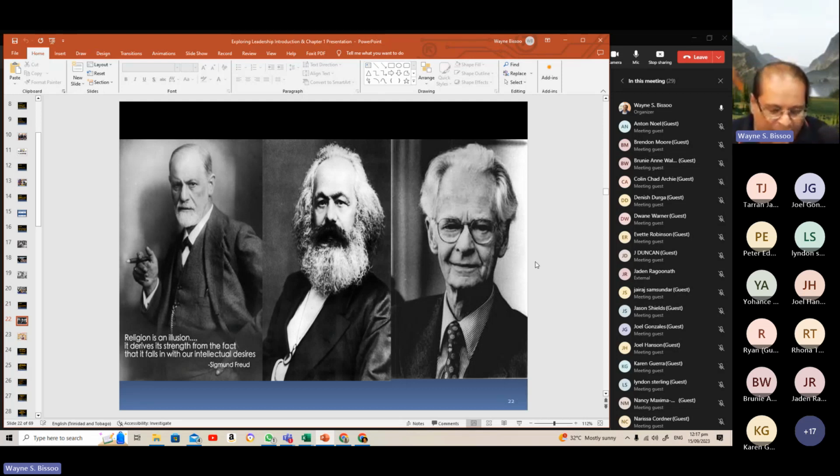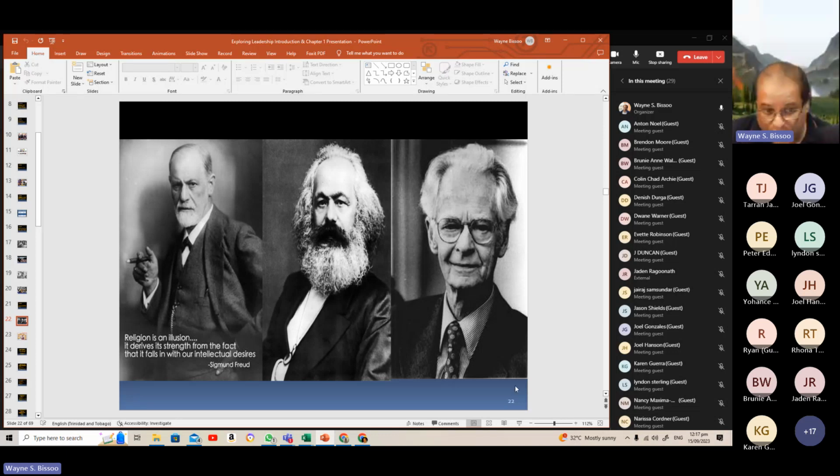His name is B.F. Skinner. He was a psychologist who wrote a lot about adult education and education theory, and a lot of the work that he and his field do contributes a great deal to the thinking in our current leadership models. The other two gentlemen, Freud and Karl Marx, also contributed.